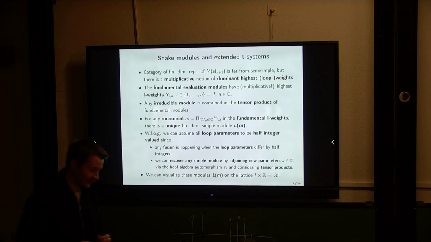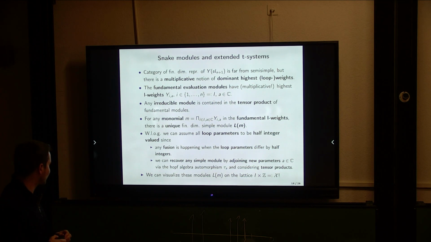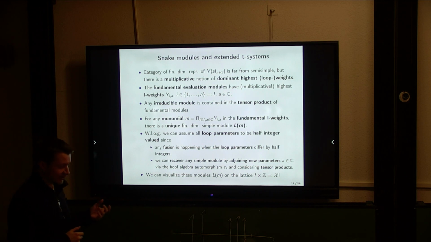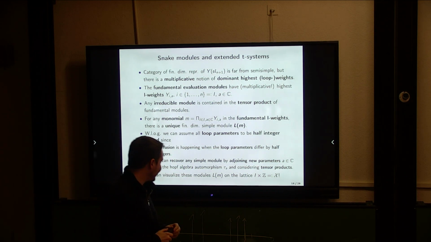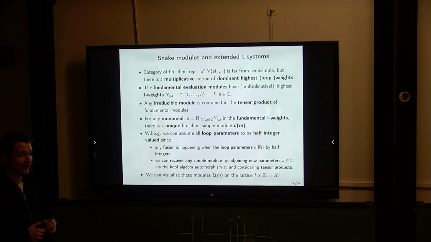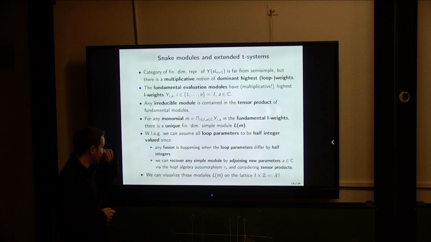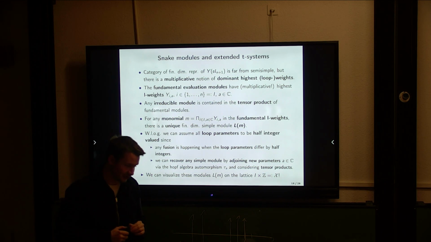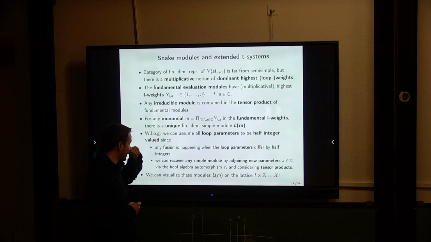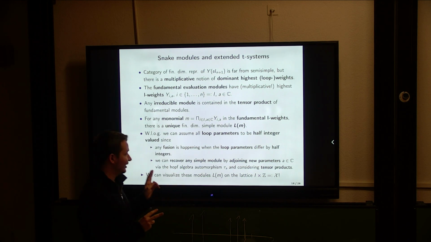The other important fact is that any irreducible module is contained in the tensor product of fundamental modules, and for every monomial M in the fundamental loop weights, we can define a unique finite dimensional simple module L(M). This will be important. And another very important thing about this module L(M) is that we can assume the loop parameters a to be half integer valued.